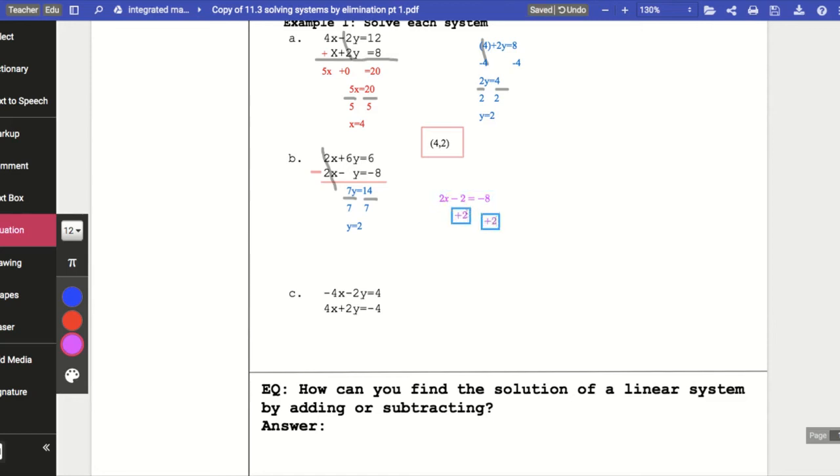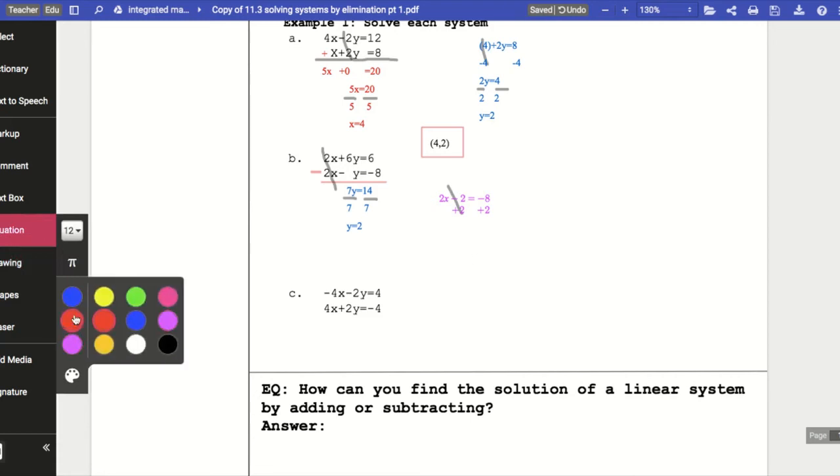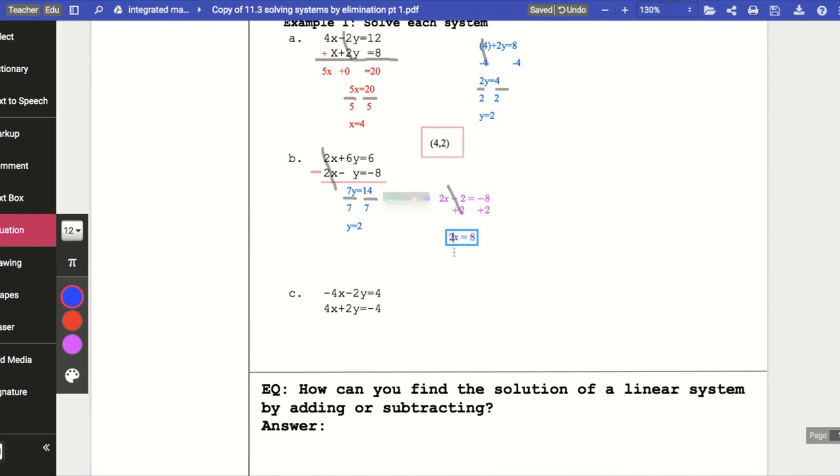It's a two-step equation. When I add 2, it cancels. So then I have 2x equals 8. If I divide by 2, I'm not going to bother with the division, but if I divide by 2, you should understand how I'm going to get x equals 4.